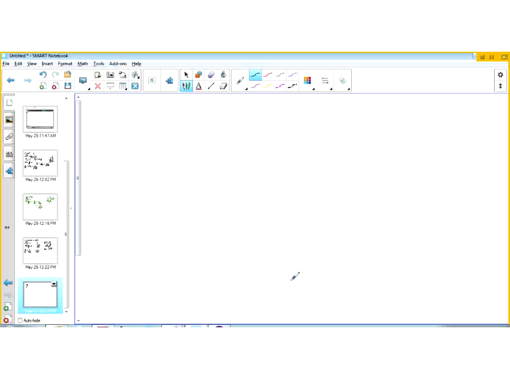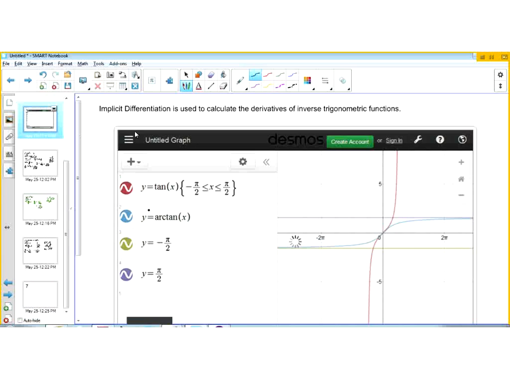Shouldn't be too hard. But what's interesting is if we decide to take the derivative of the inverse secant function. So let's do that. So let's go back to our calculator. And let me remove these. So again, I'm going to leave it to you to be able to derive the derivative of the arc cotangent function.